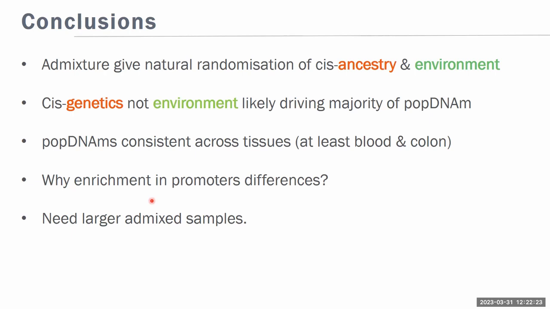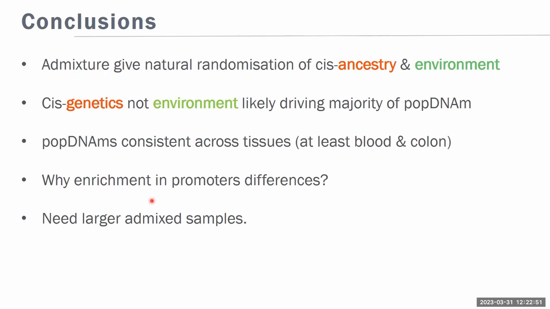If you look at admixed individuals, you're looking at a naturally randomized experiment where the local genetic context is randomized with respect to the environment for that phenotype. Obviously for methylation, it's very relevant because of the environmental effect on methylation, but it's probably also interesting for other genomic phenotypes.